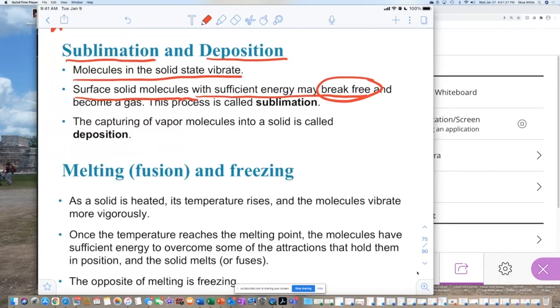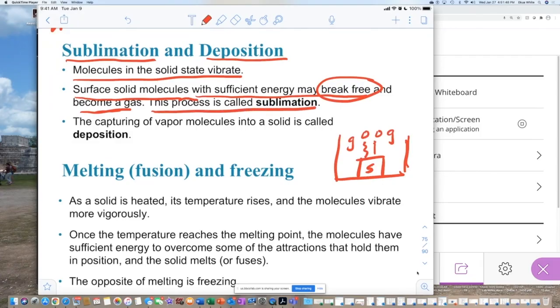So the molecules on the surface of the solid this time, not even the liquid, are breaking free and becoming gas. So we have a situation here where we have a container, we have a solid, and the molecules on top are breaking free to form gas. They're not even forming a liquid, they're going straight to gas. This process is called sublimation.